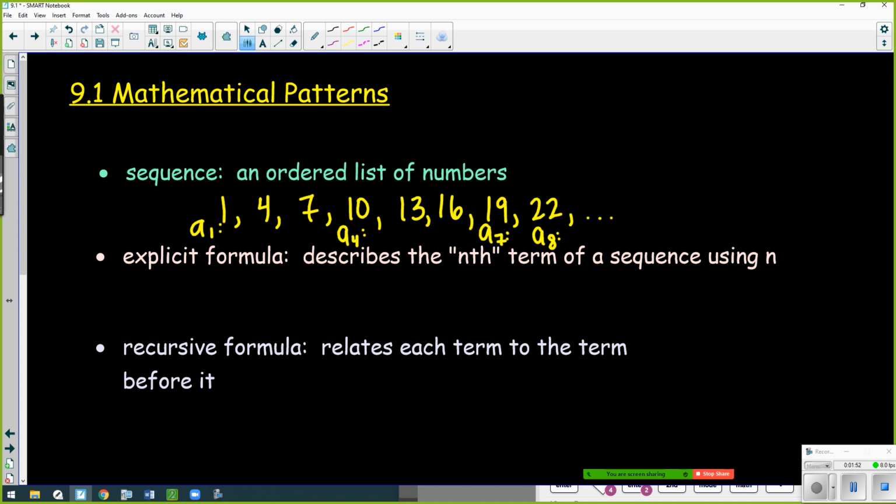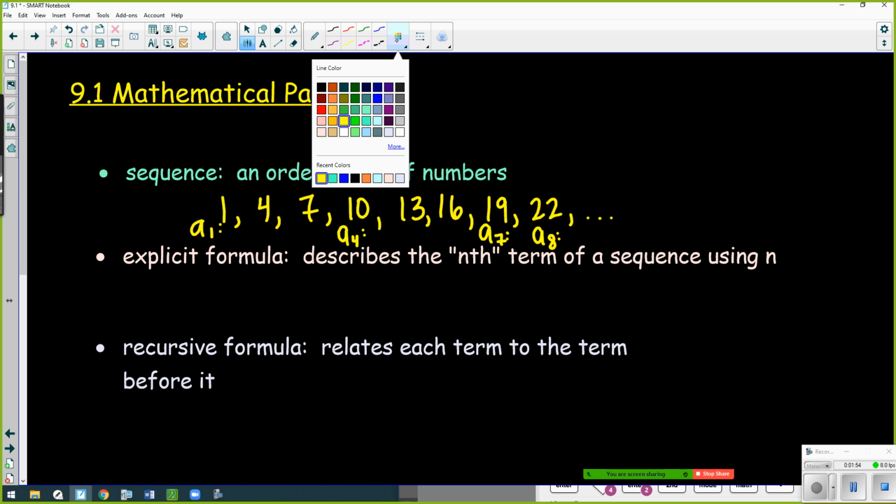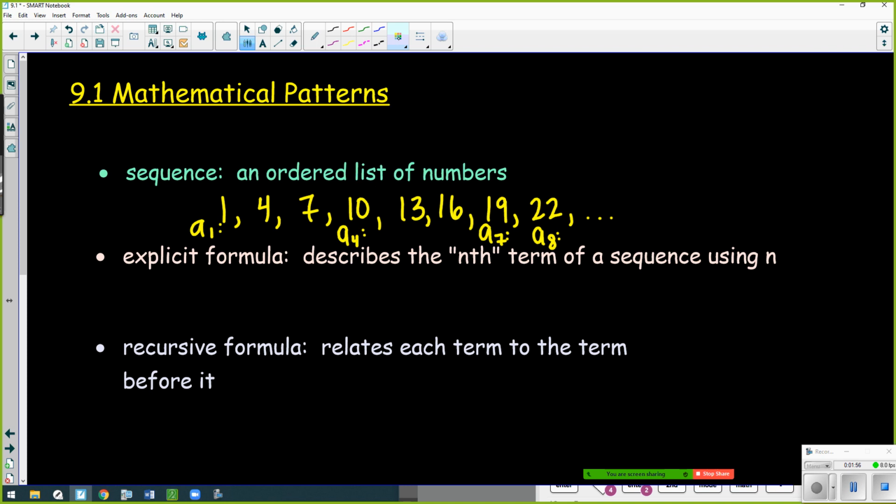All right, then let's talk about an explicit formula. An explicit formula, like I said, describes the nth term of a sequence using n. As I look at the list of numbers up there, I can write an explicit formula like so: a sub n is equal to 3 times n minus 2. Where did I get that formula? Well, we'll talk about that in the upcoming sections.